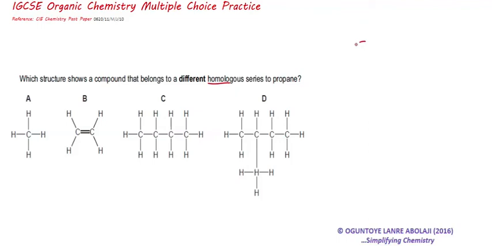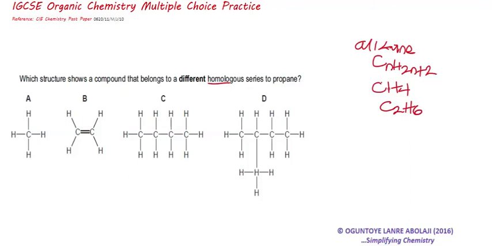Example, the alkane homologous series has the general formula CnH2n+2. The first member of that series is methane, CH4. The second member is ethane, C2H6. The third member is propane, C3H8.